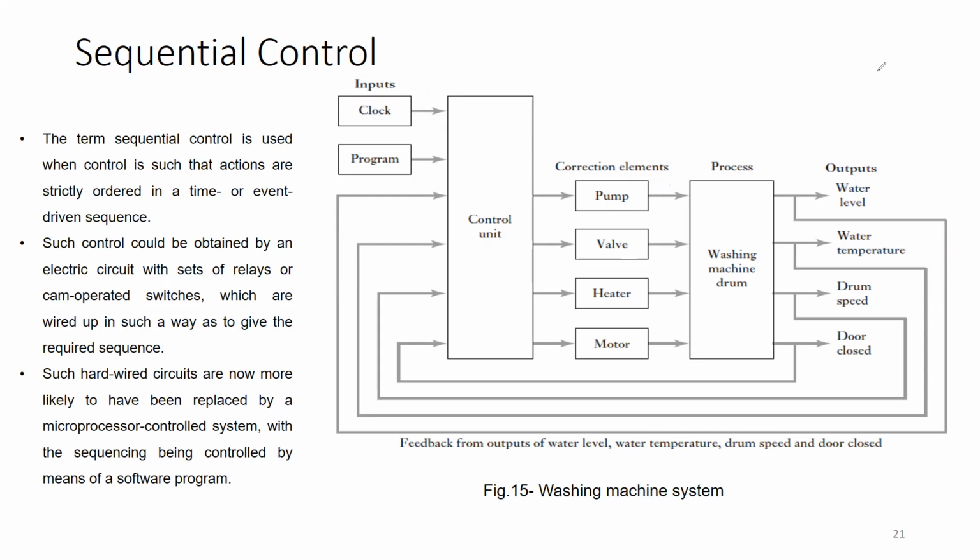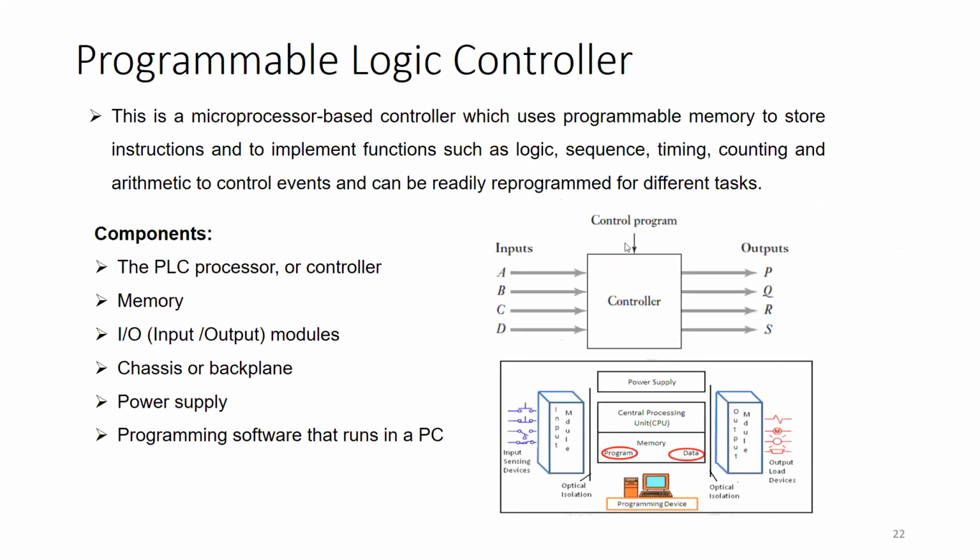Okay, so this was sequential control. Another type of controller which is used for sequential control is a PLC controller. Okay, now we have seen that there is a control unit, feedback control unit is there. It is having some sequence of operations which are going on.